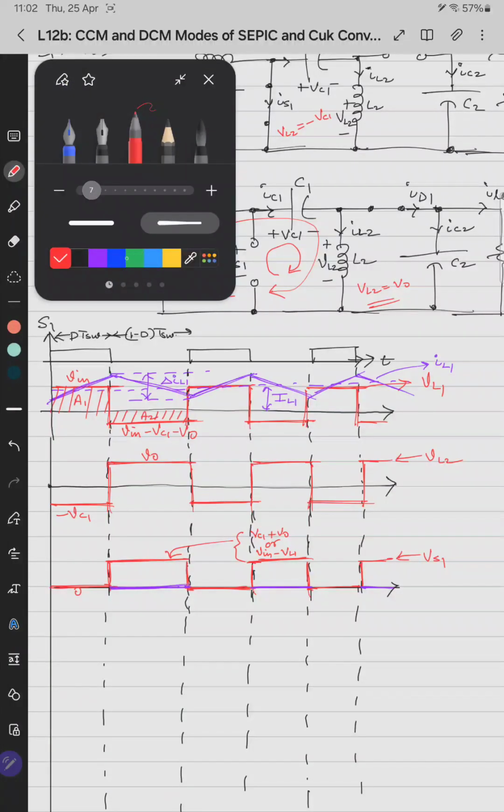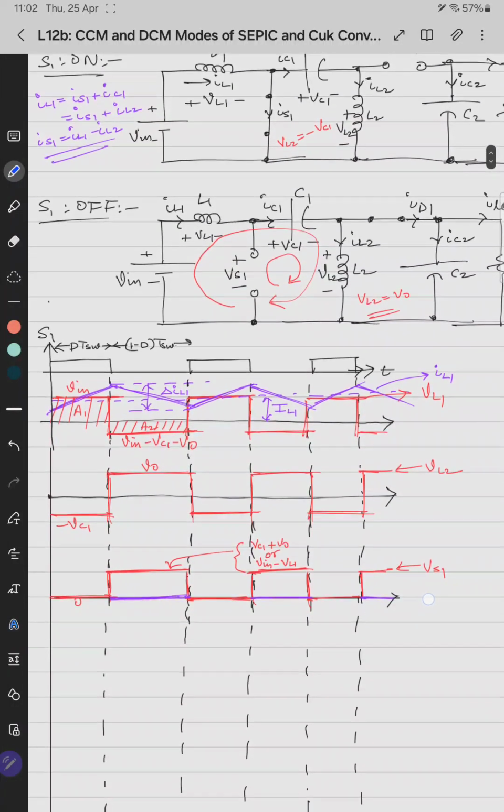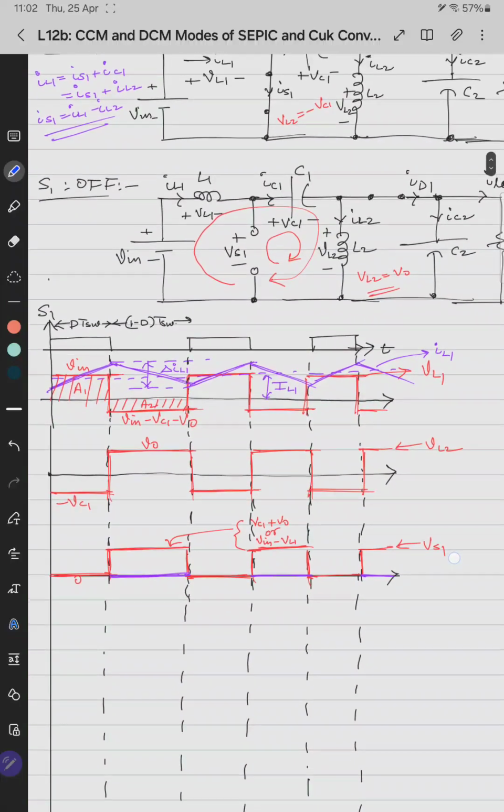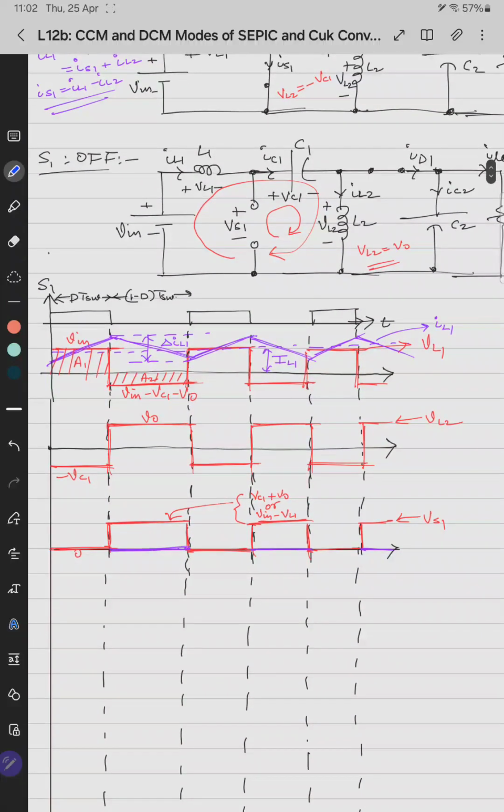Now we'll draw IL2. For IL2 we'll use the other blue color. When the voltage is negative, the current slope is falling.